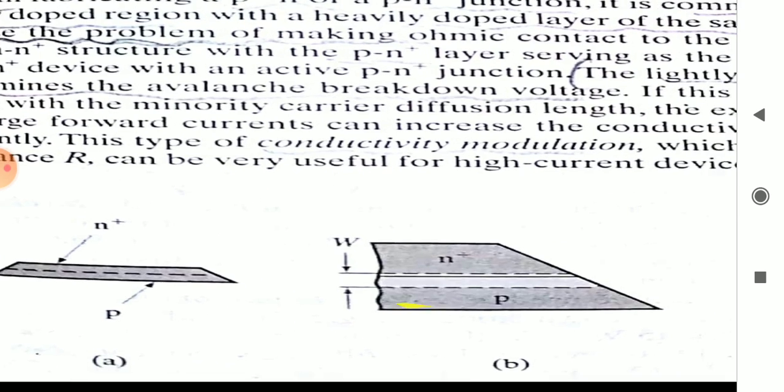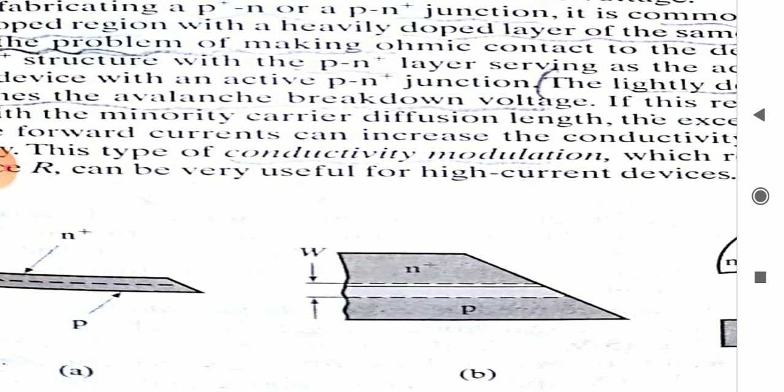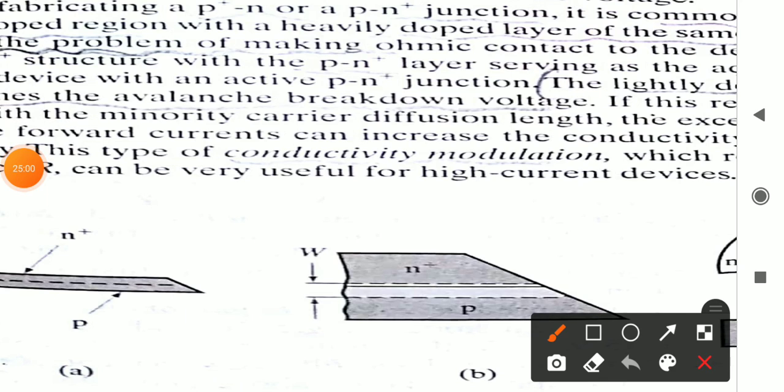So this is again the side view of the PN junction. You can see that N is heavily doped, here they consider N as heavily doped and P as lightly doped. Because of this beveled edge, we can avoid the punch through. If the beveled edge is not present, then this N plus region completely penetrates through the P region. That can be avoided by this beveled edge.